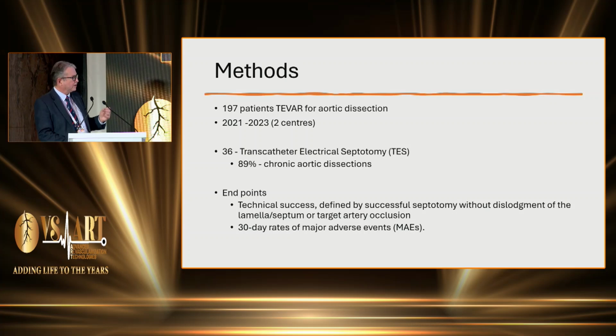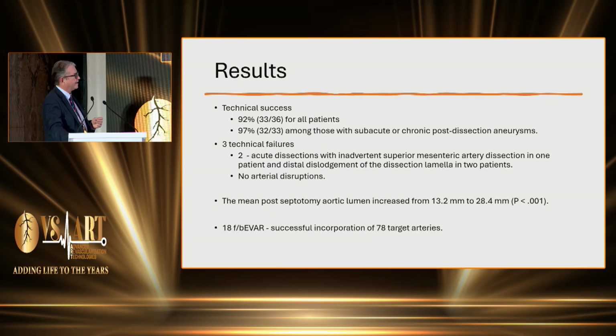And they looked at technical success as successful septotomy without dislodgement of the membrane and without damage of the target vessels, and 30-day rates of major adverse effects. And they had technical success in 33 of 36 patients. And the failures were the acute dissections, which are far less stable than the chronic dissections. And also the lumen increased in each of these procedures to allow for effective stent graft placement.